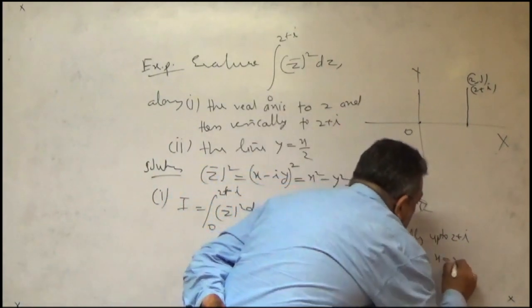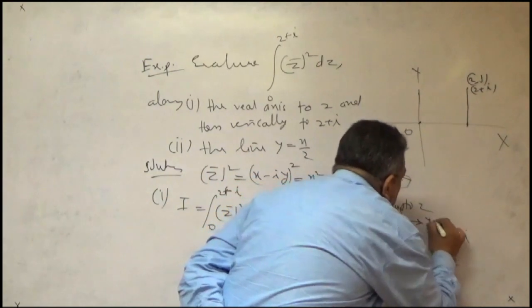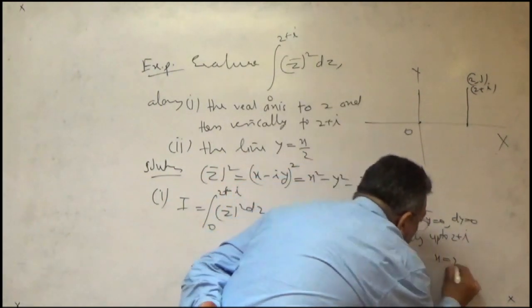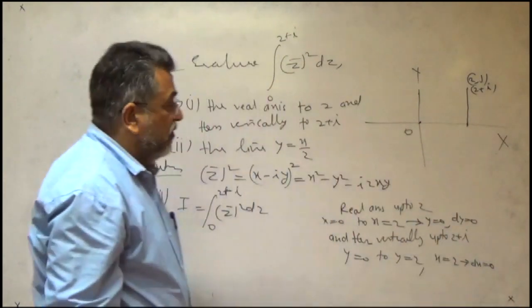The path is the line x equal to 2. From the first part y is 0, so dy is 0. From the second part x equal to 2, so dx equal to 0, x is constant.